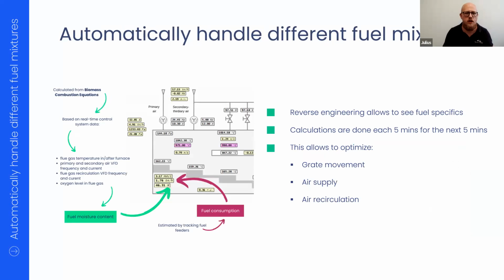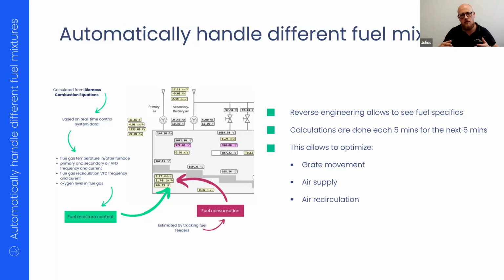Moving on, if we have the fuel specifics, using reverse engineering we can also handle unstable fuel and increase its efficiency. The burning process has inertia. So if you change the amount of fuel or the control in the biomass boiler, it won't affect anything at the same moment.